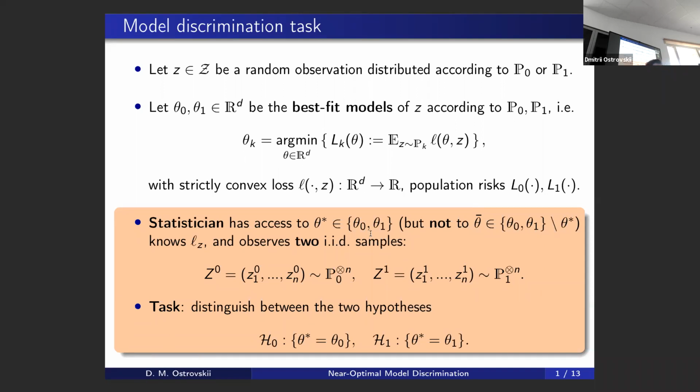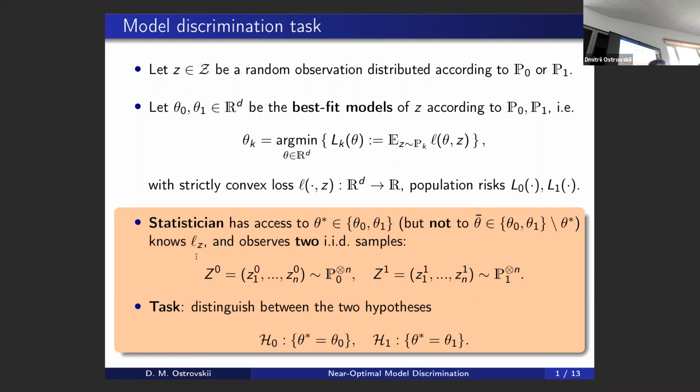Now, what I know as a statistician, and this is the tricky part, is theta star, which is either theta 0 or theta 1. Somebody just showed me theta star. They didn't show me the other one, which I call theta bar. I call theta star the actual model and theta bar the complementary model.